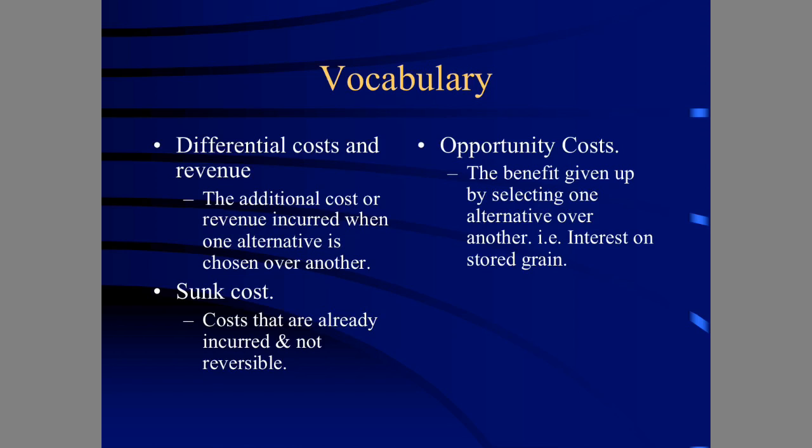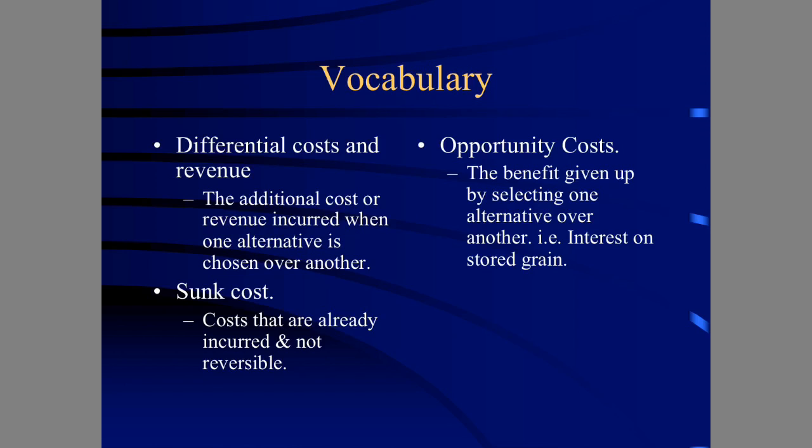Opportunity cost is the benefit given up by selecting one alternative over the other. Is it the interest on the store, gained? Sunk costs are costs that are already incurred and not reversible. So for example, an example they give in the book is, say that I decide to go with one group purchasing organization and I have to put in a set amount of investment, and maybe I find that is not the savings that I was getting in purchasing product, but there's another place, and I'm going to now have to put an investment there.